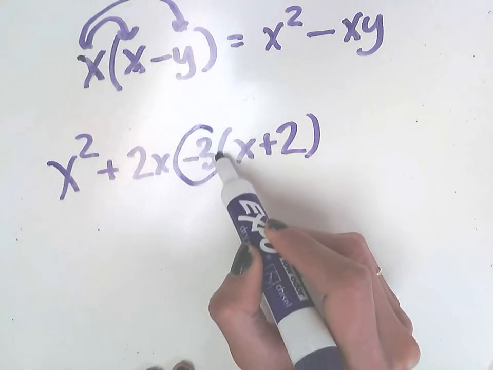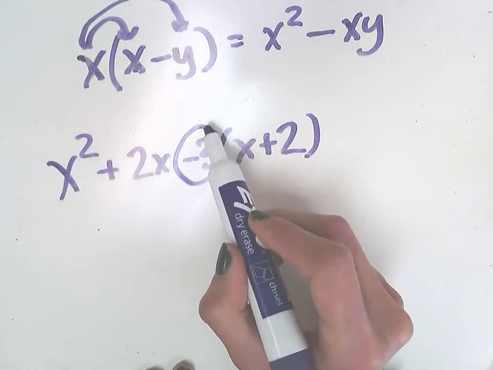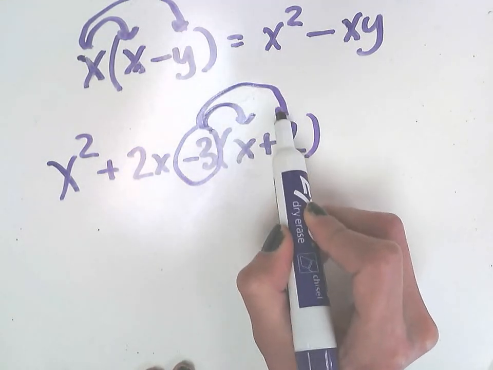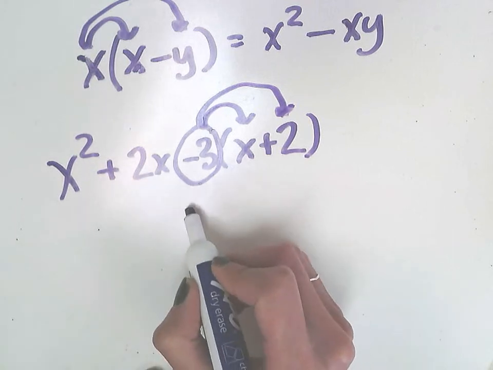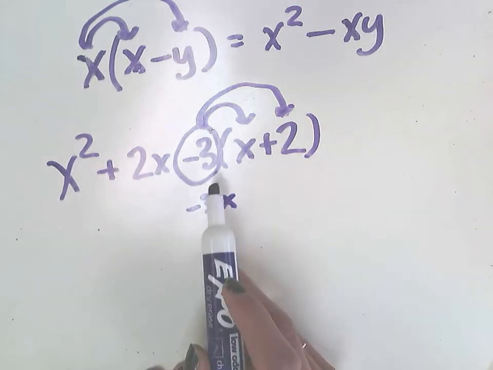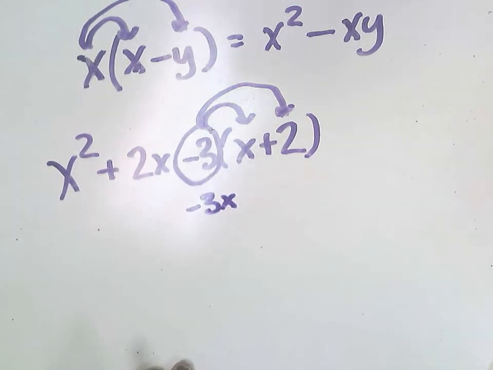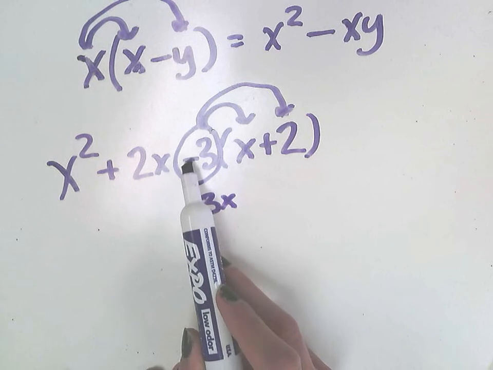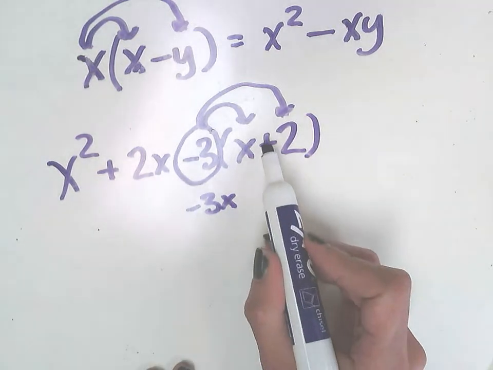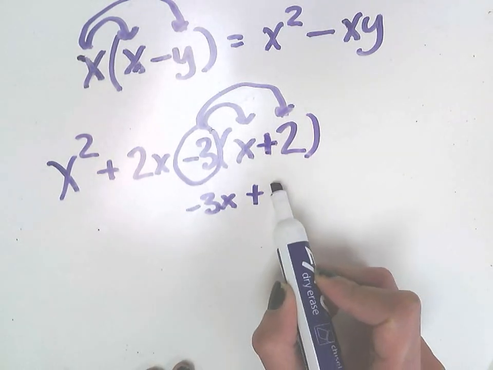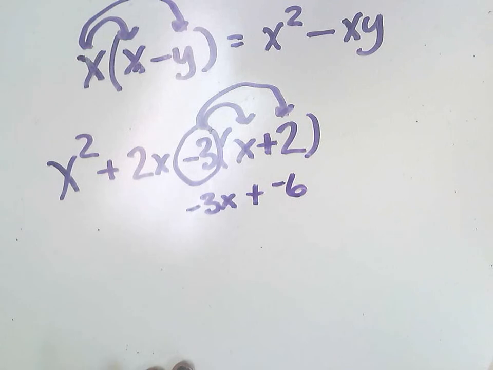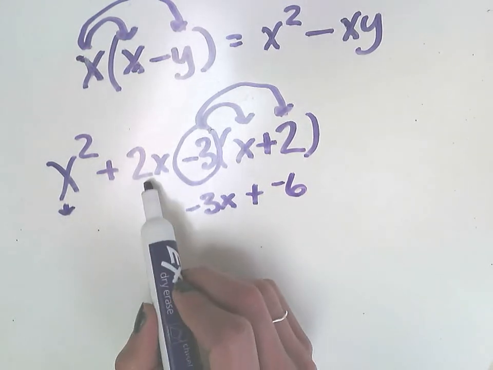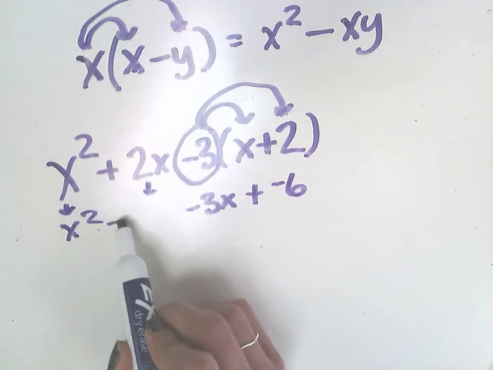The thing that I'm distributing is this minus 3. What's minus 3 times x? Minus 3x. What's minus 3 times 2? That would be a negative 6. So we can either write this plus minus 6, or we could have written it as subtracting 6. These parts I'm just going to rewrite so that I stay organized.